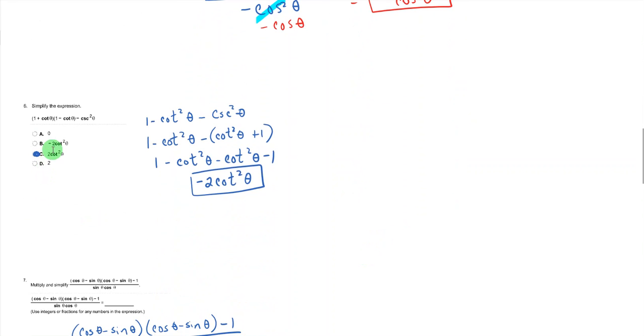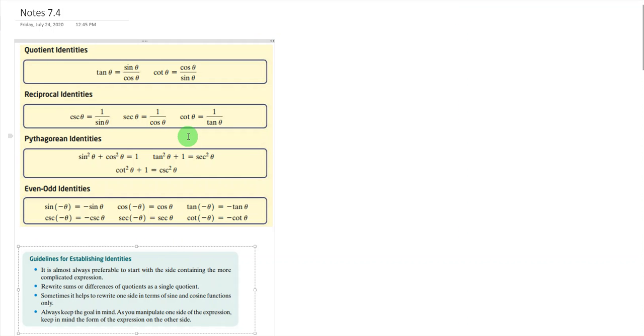Number 6, simplify this expression. So if I multiply these two, I'm not going to have a middle term. I'm going to have 1 minus cotan squared theta, and then I have a minus cosecant squared theta. Well, cosecant squared theta, let's look back at our notes.